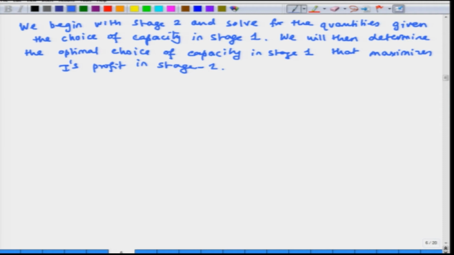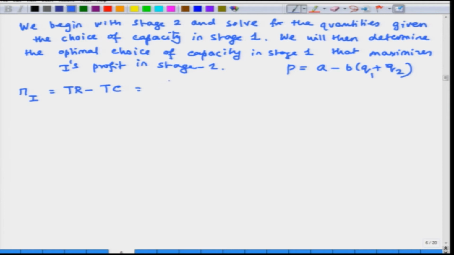Now, let us write down the incumbent's profit, right. So, the incumbent's profit is the total revenue minus the total cost, where revenue is the price times quantity. The goods are identical, so we will treat the inverse demand curve to be P equals A minus B times Q1 plus Q2. We will use I and 1 analogously, 2 and E analogously, right.